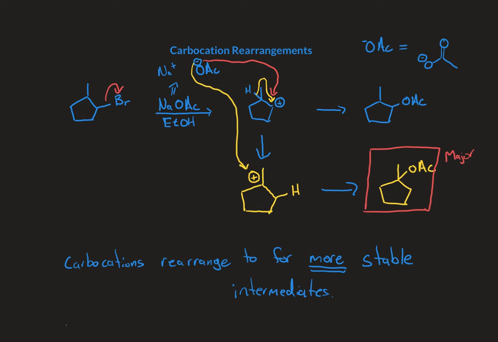So in this example, this secondary carbocation rearranged to form a tertiary carbocation. Tertiary carbocations are more stable, and so this rearrangement is possible. What won't happen is a secondary carbocation rearranging to a primary carbocation or a tertiary carbocation rearranging to a secondary carbocation. The rearrangements only happen if they're going to more stable intermediates.